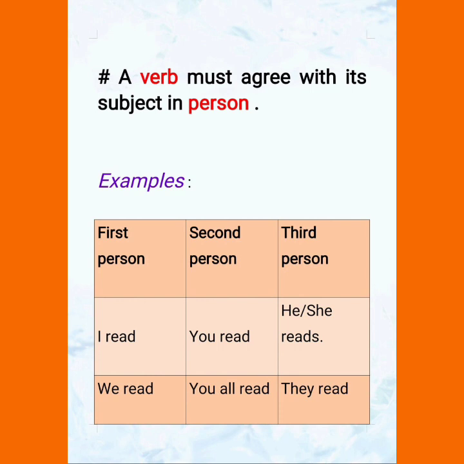I read, we read, without any changes. Second person: you read, you all read, again a plural verb without any changes. And the third person singular, that is he and she, takes a singular verb, R-E-A-D-S, that is reads.